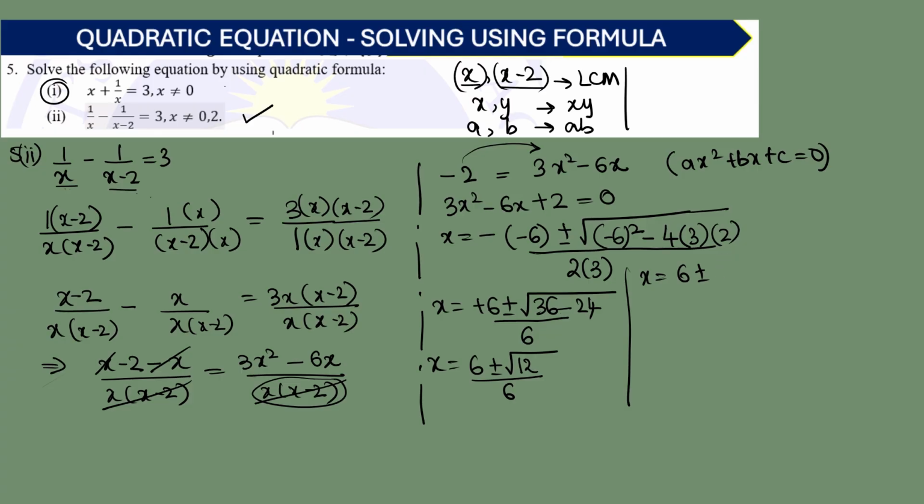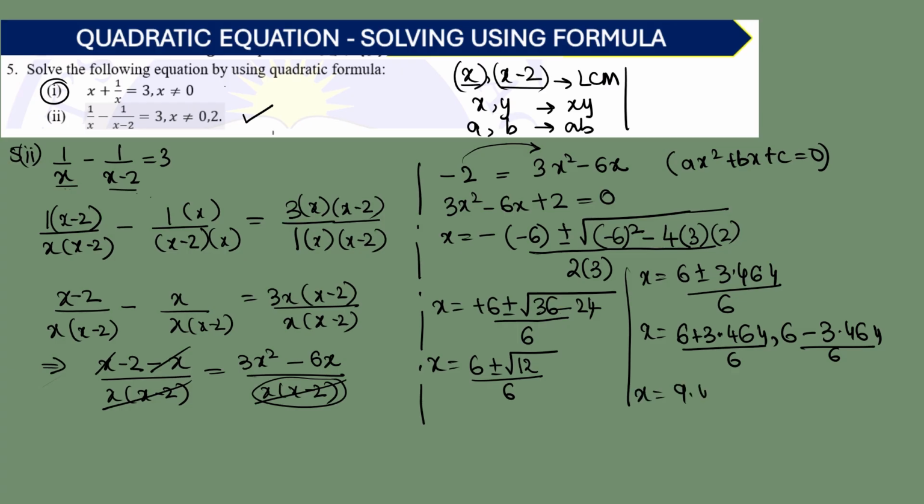So what is the value of under root of 12? 3.464 upon 6. So x is equal to 6 plus 3.464 upon 6 or 6 minus 3.464 upon 6.